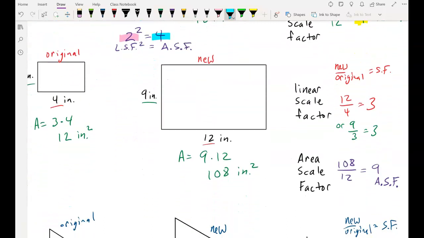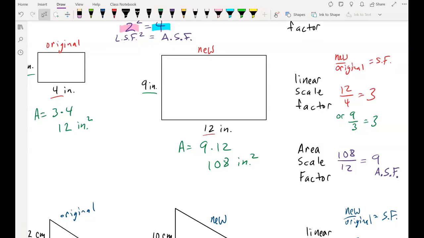Well, let's see. Our next figure was the rectangle, but in this case, the linear scale factor was 3, the area scale factor was 9. 3 squared, 3 times 3, equals 9.